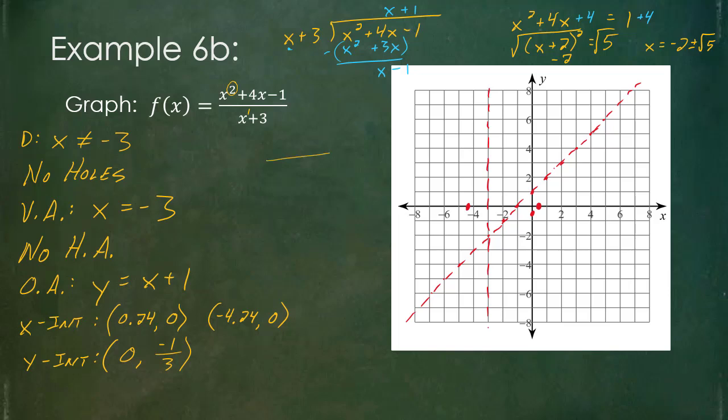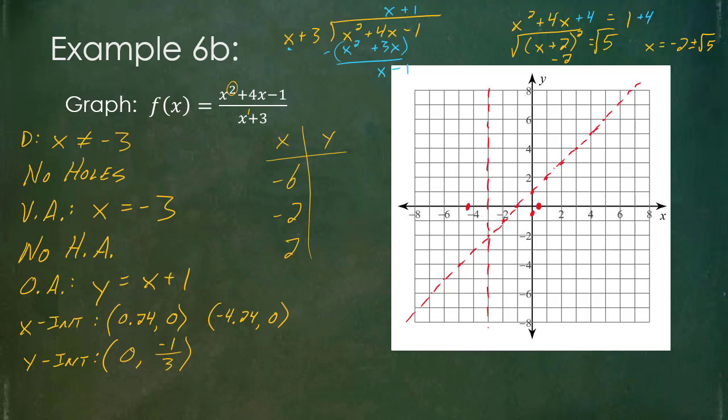As far as from here, it's just going to be filling in the blank with some numbers to try. I feel like maybe -6 on the far left might be a good one to try. Maybe -2 just to the right of that vertical asymptote. -4 might not be terrible, but I've already got a point really close to -4. Maybe even +2 just to see really what's happening over on that side as well.